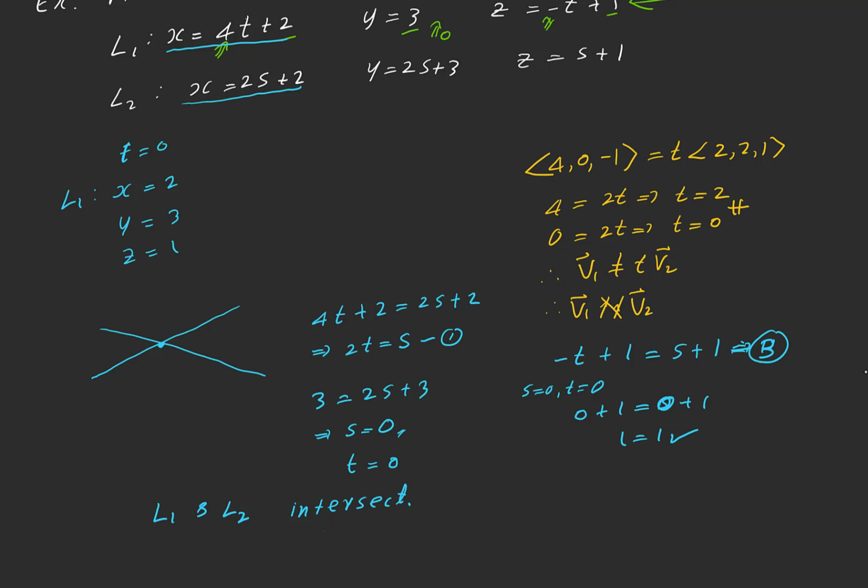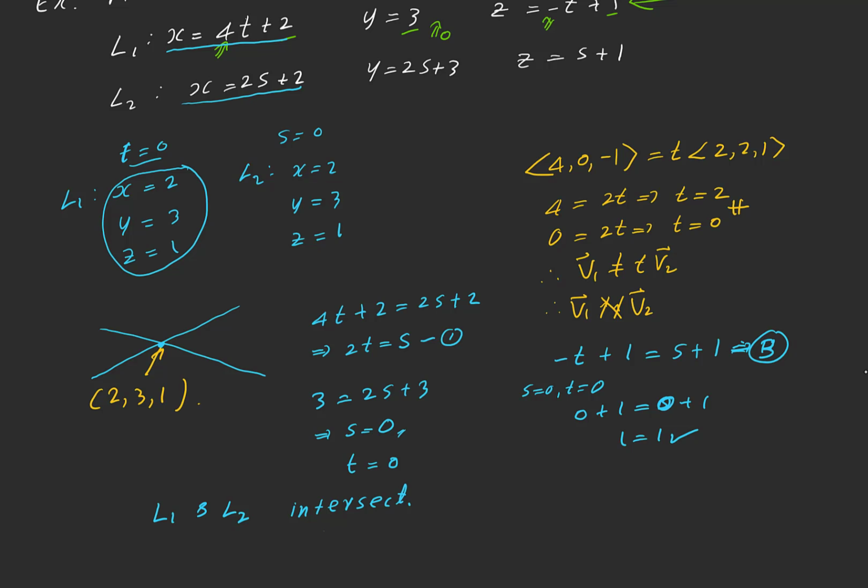And for s equals 0 in L2, x equals 2, y equals 3, z equals 1. So we get the same values of x, y, z. Therefore the intersect point is (2, 3, 1).